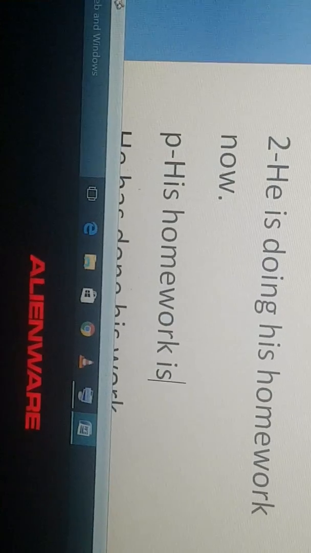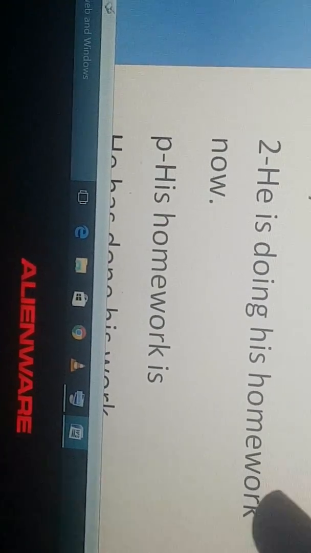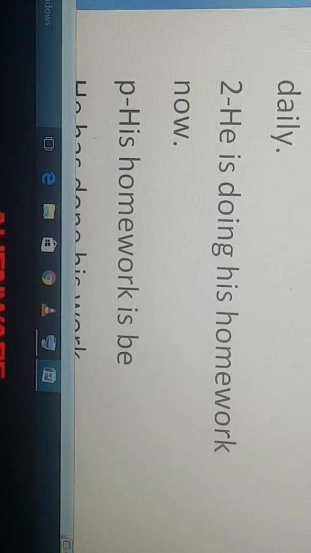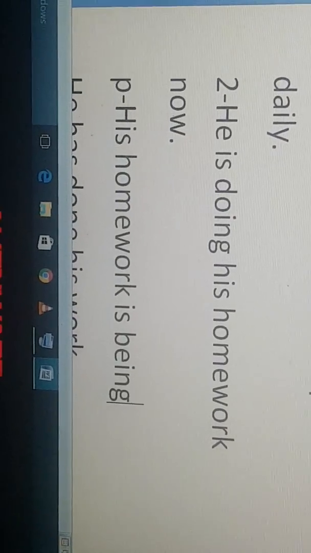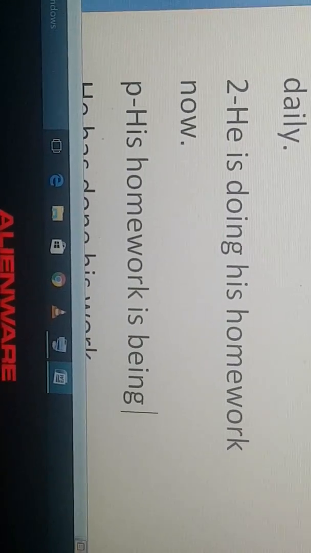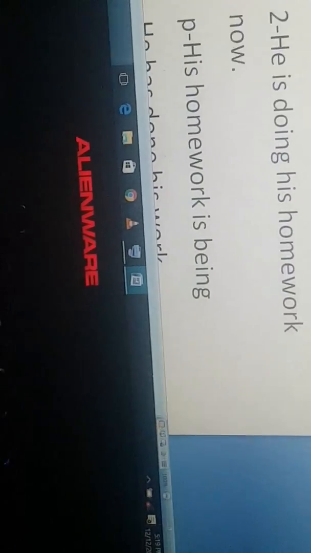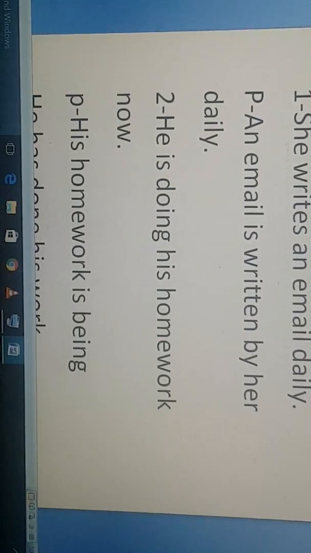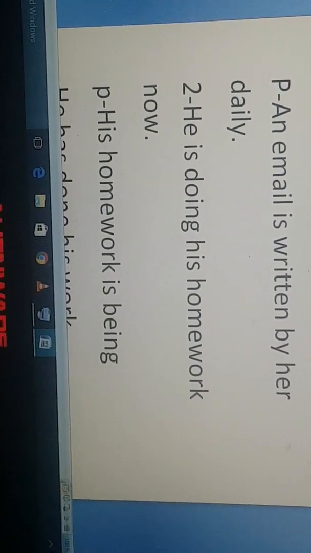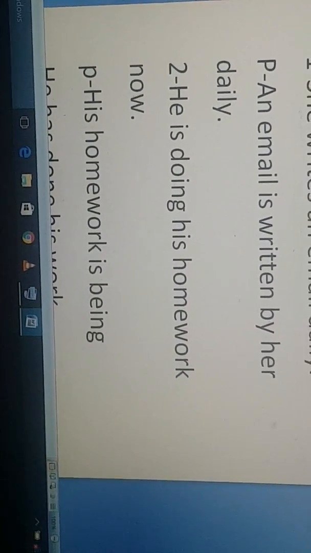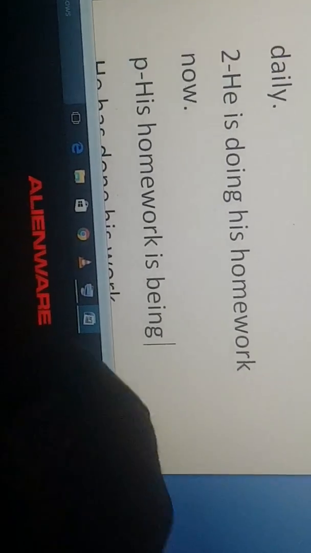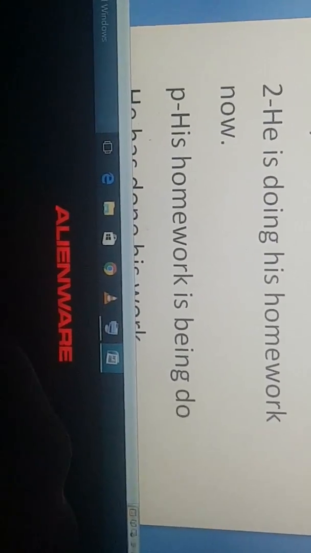Now the most important part we are learning: since it is present continuous tense, we shall be using being. Remember, be it present continuous or past continuous, while we convert active into passive, we need to use this particular word being. So his homework is being. Now the third form of the main verb: doing is the main verb here, do, did, done, so it will be followed with done.